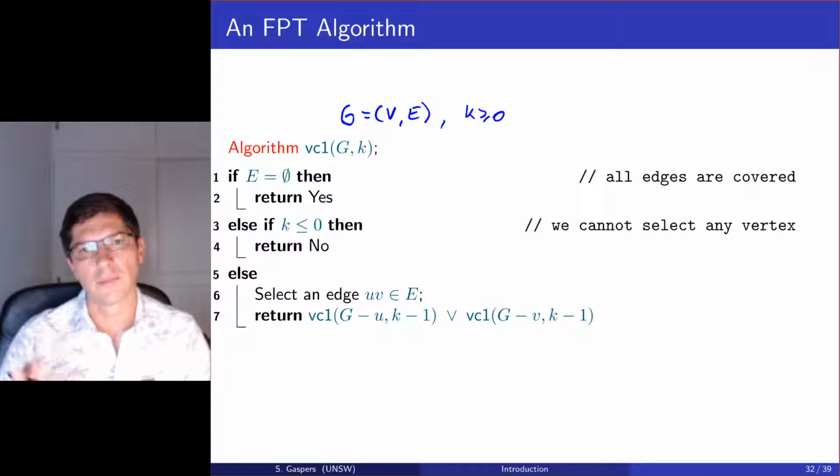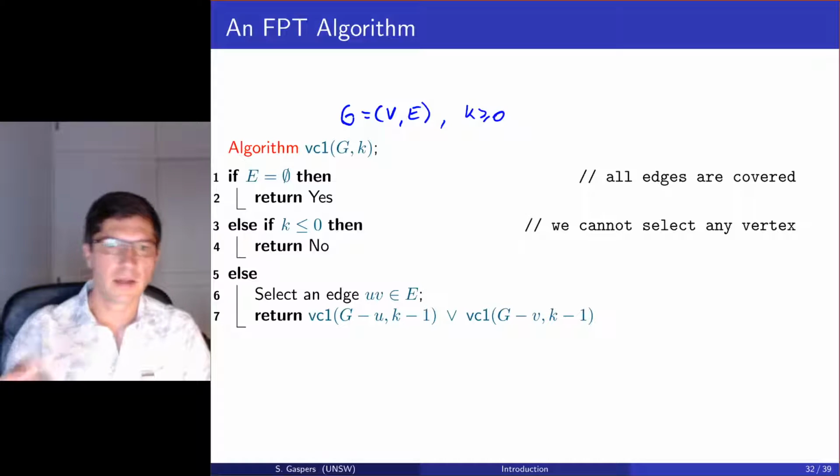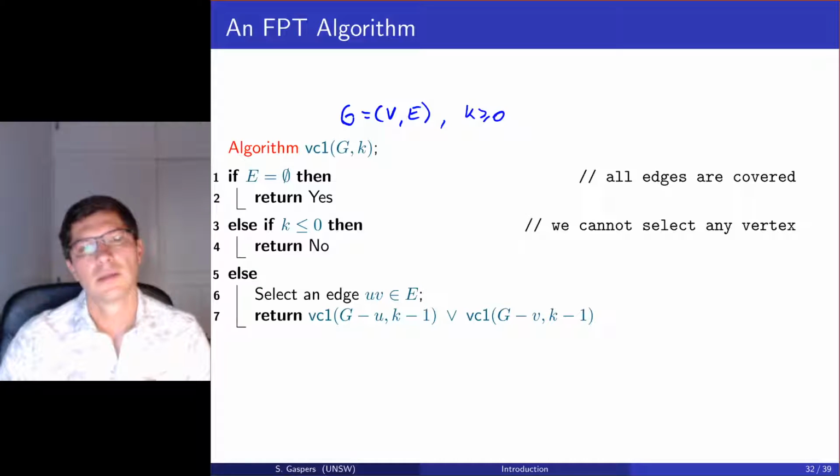If k is actually equal to 0, and line 1 didn't trigger, now we know that there's still some edges left to be covered, but our budget is 0, so we cannot select any vertex anymore.